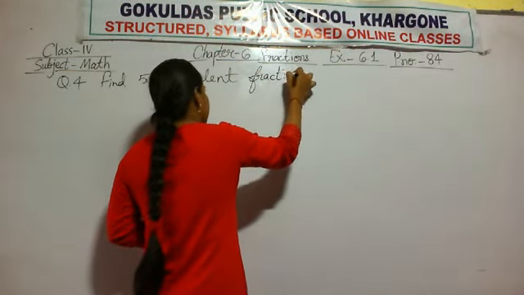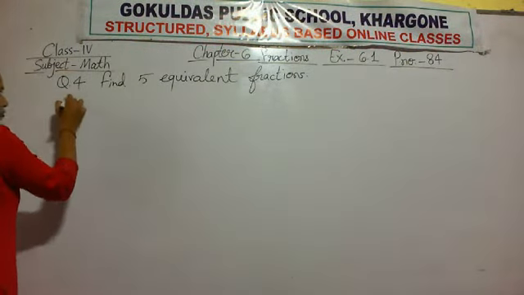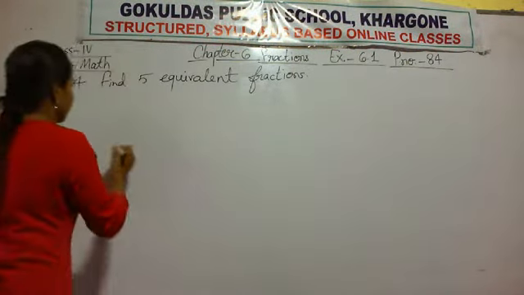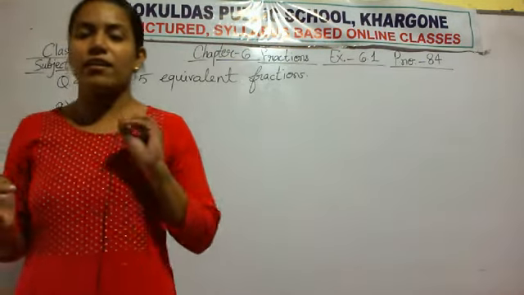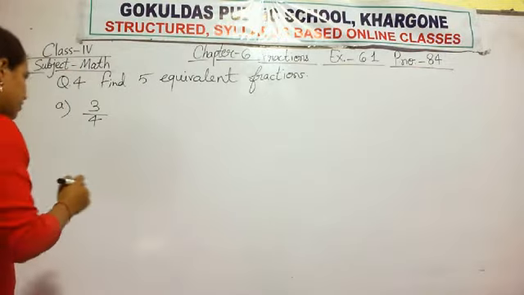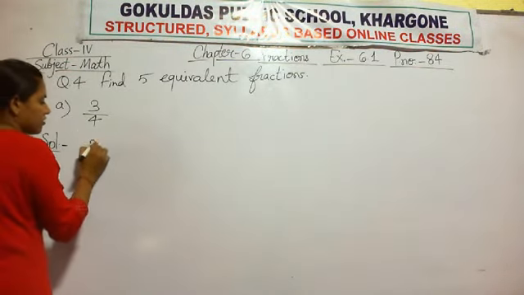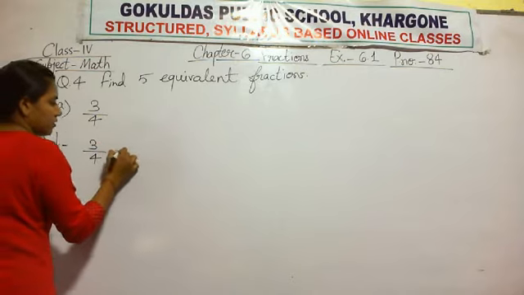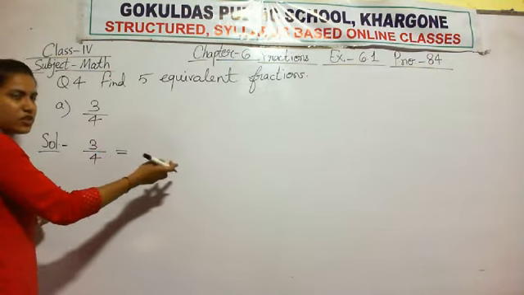The first one, one fraction is given, that is 3 upon 4. One fraction is given and they are asking to find 5 equivalent fractions. So let us find. The first fraction is 3 upon 4, right? One fraction is already given. You want to find its equal fractions.